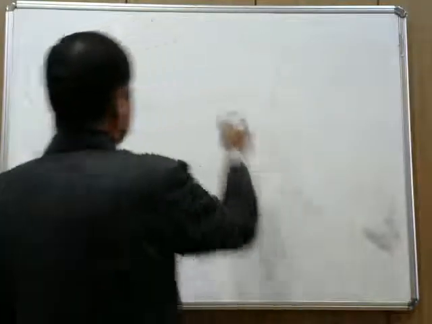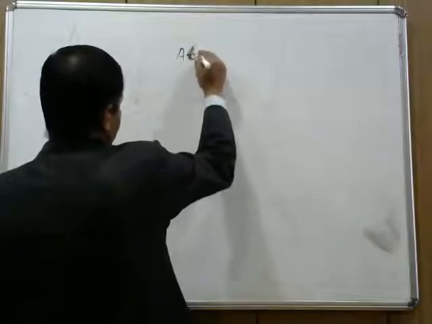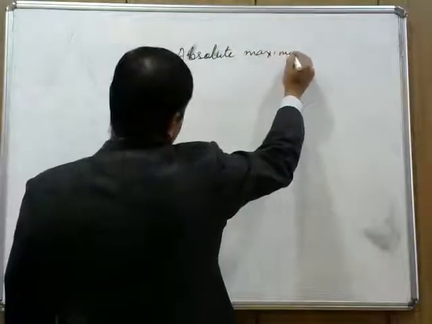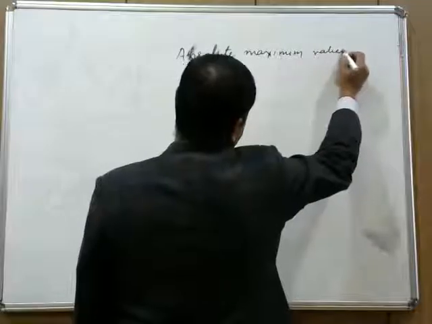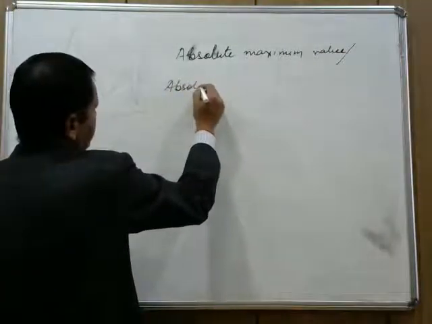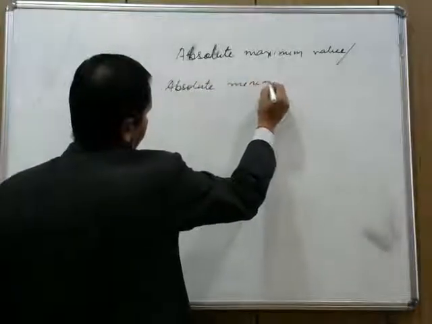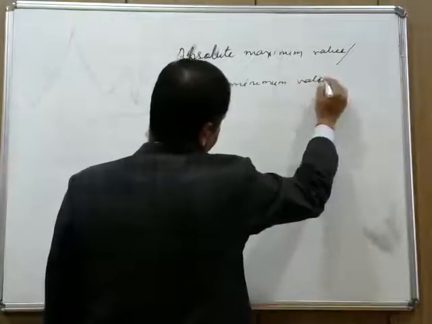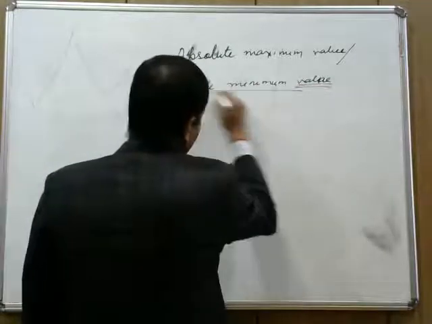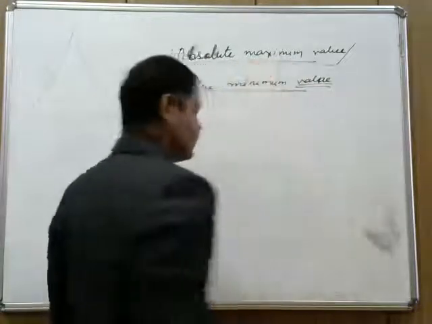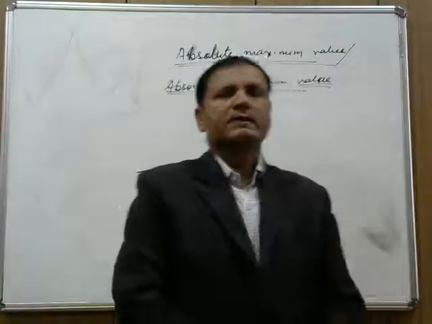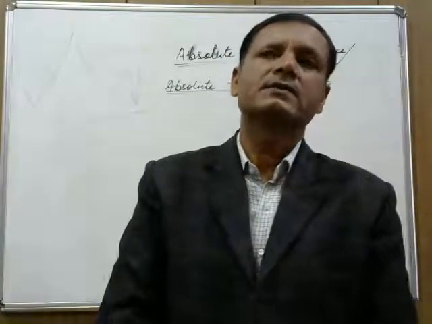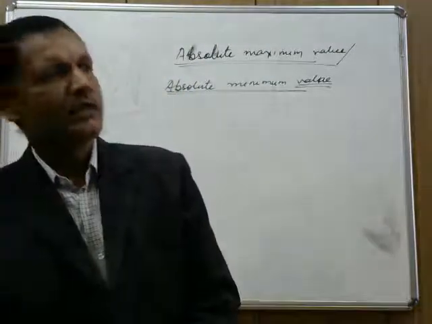Okay, when we are asked to find out the absolute maximum value and absolute minimum value, right now we have discussed that in a function we can have many points where we can get its maximum value and minimum value.